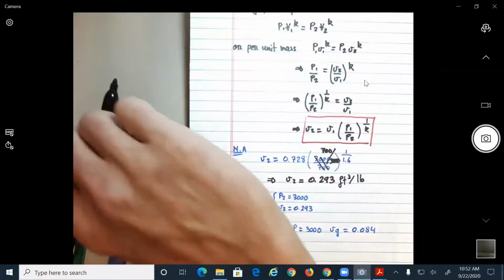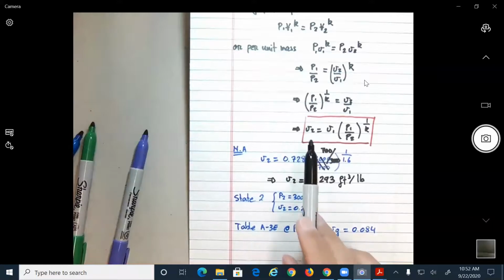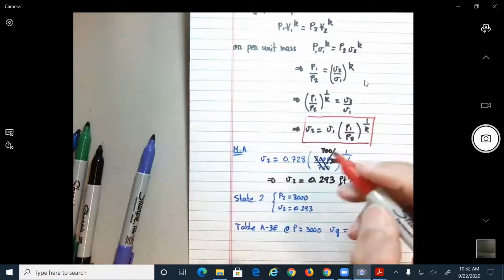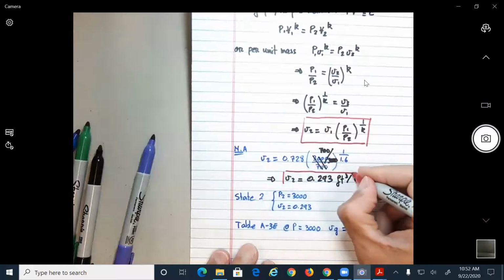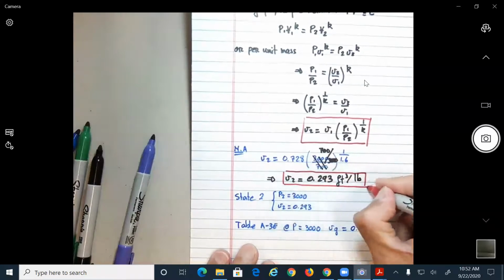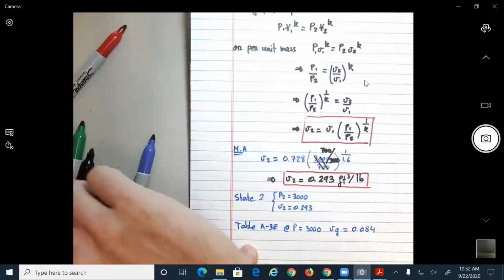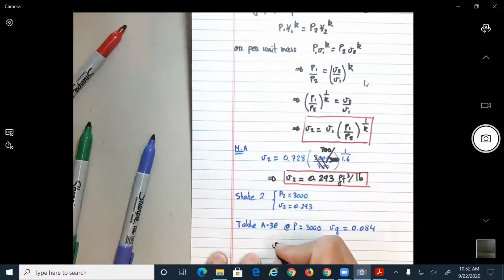Okay, so what is V2? We just found V2 to be equal to 0.293, correct? So we know that V2 is higher than this VG.